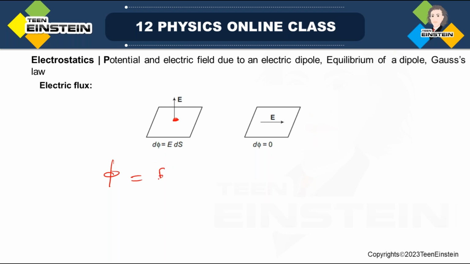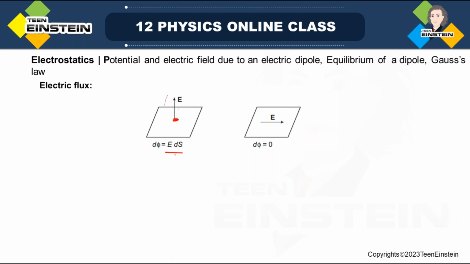So we know E ds cos theta. What I'm trying to say is that in this case, the electric flux and the area normal are aligned, so this is perpendicular to the surface.